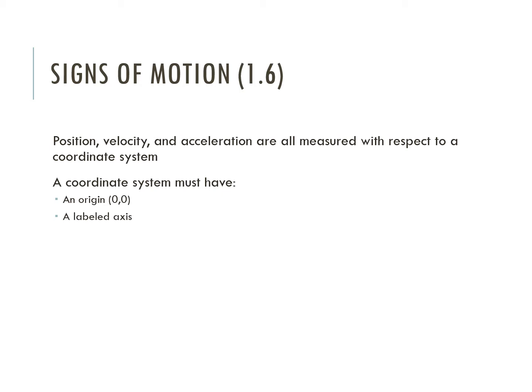A very common thing that the textbook is going to do is you'll have an object at some location and they'll put the origin in the middle of the object and they will write something like this. This indicates that x is equal to 0 and y is equal to 0 in the middle of the given object. This is one way you can write out your coordinate system.